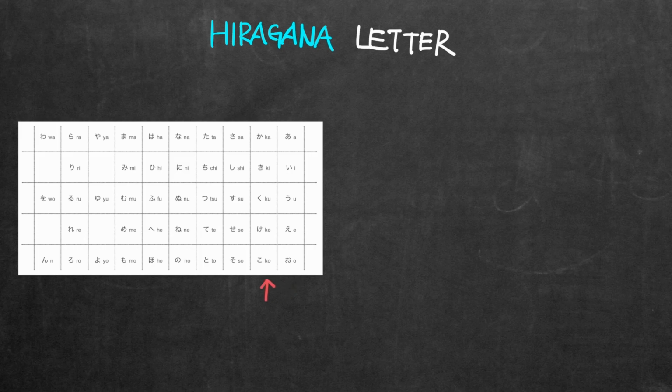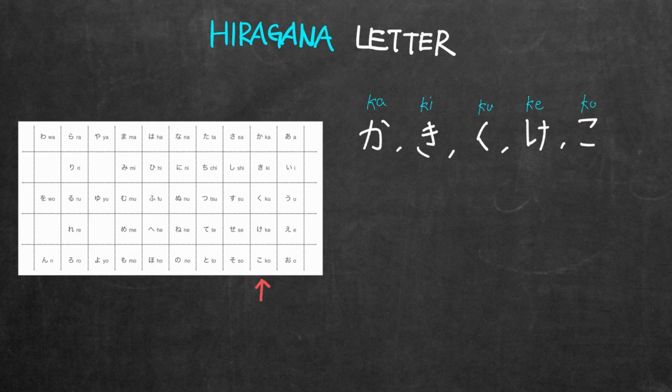Let's look at the next column of the hiragana chart. This is the consonant K column, and they are read as ka, ki, ku, ke, ko. Without further ado, the first letter is ka.